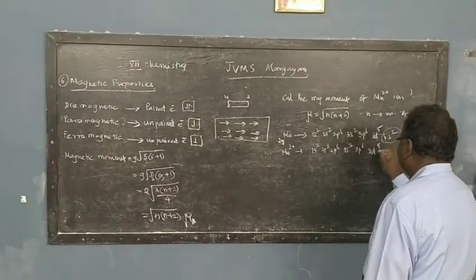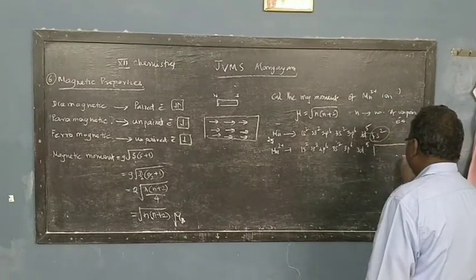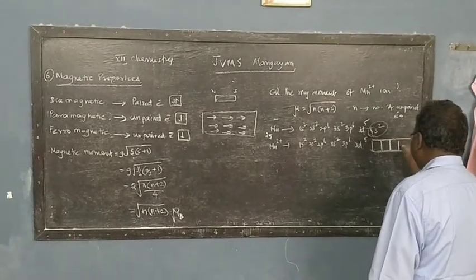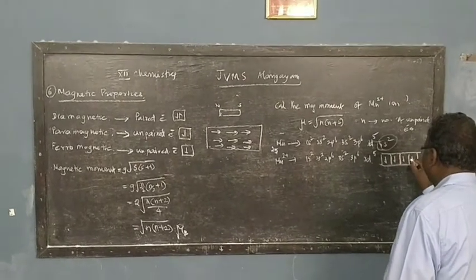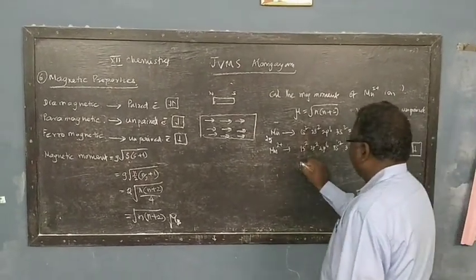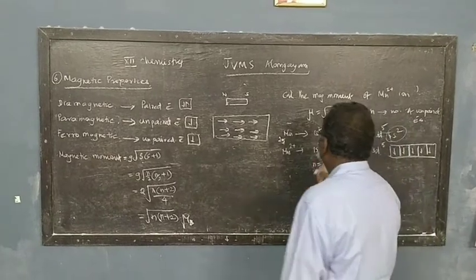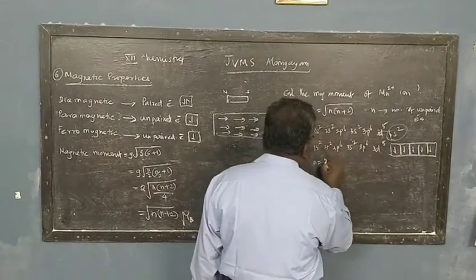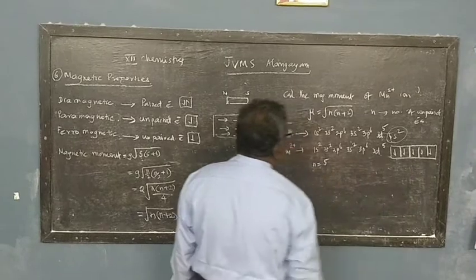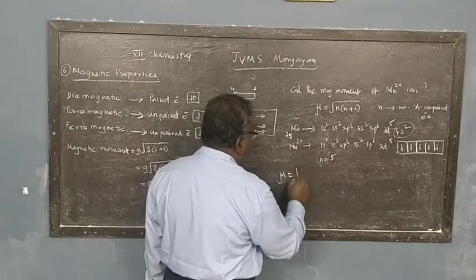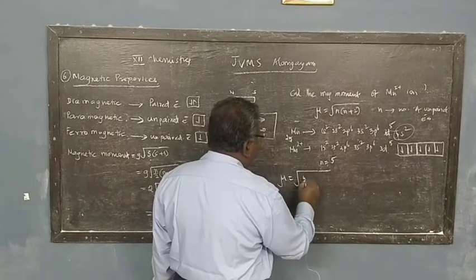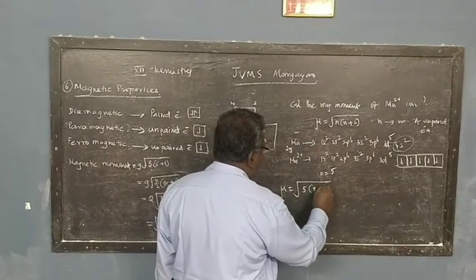Now we come to the valence orbital and see how many unpaired electrons it has. It has 5: 1, 2, 3, 4, 5. Therefore the value of n is 5. Therefore the magnetic moment is calculated as root of 5 into 5 plus 2.